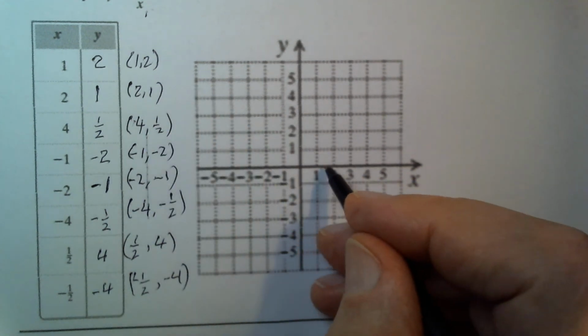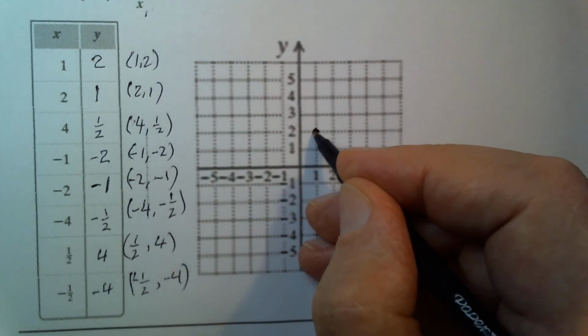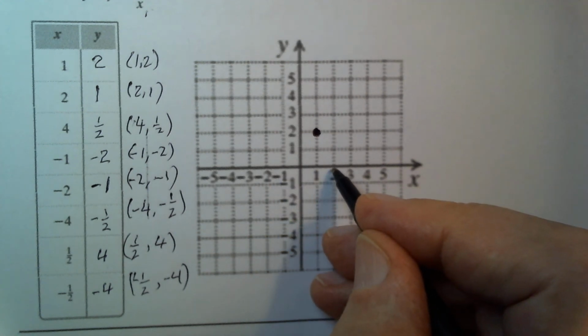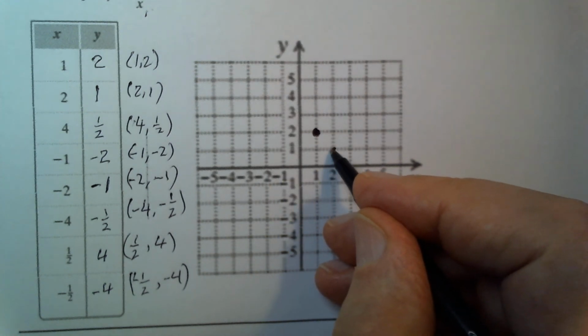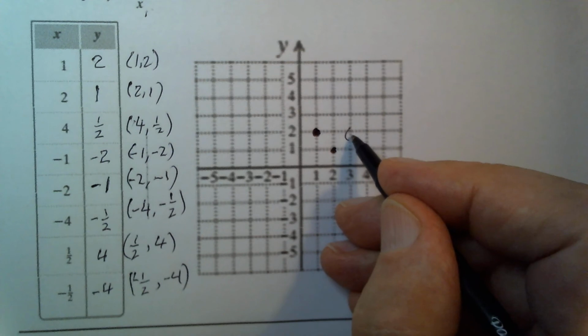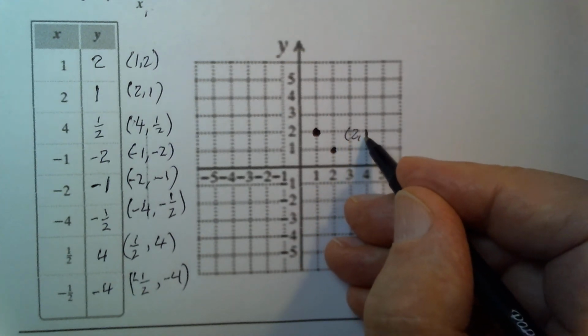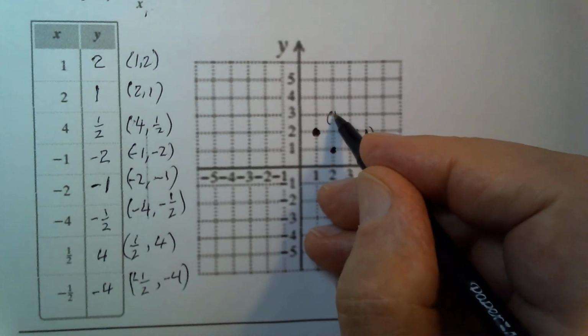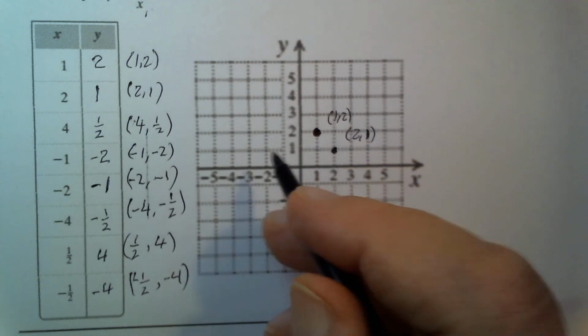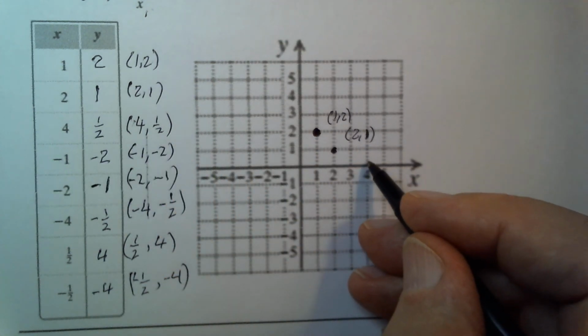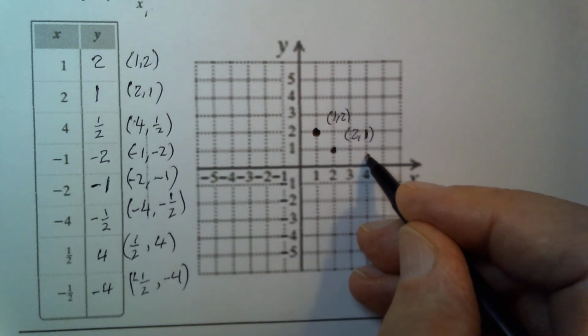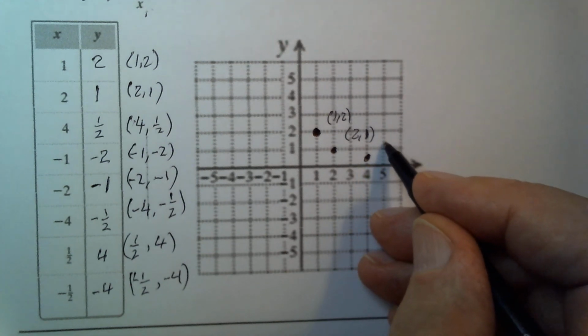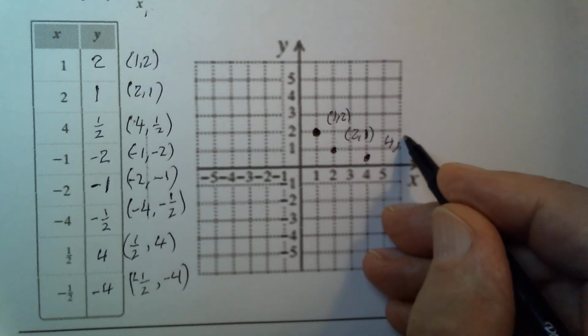1, 2 is here, and 2, 1 would be this point here. Then we have 4, 1/2, so this point 4, 1/2.